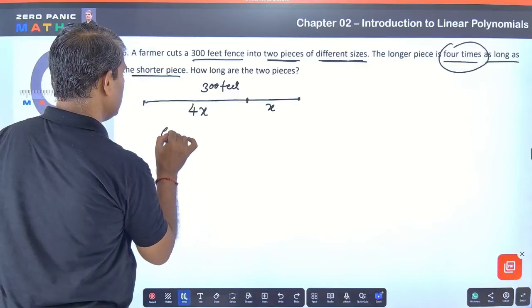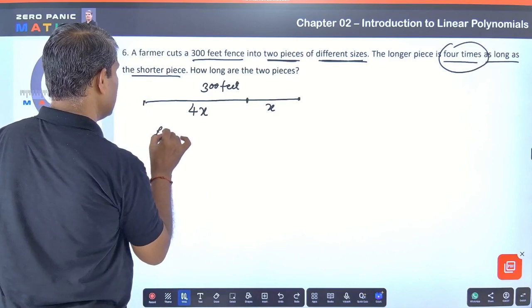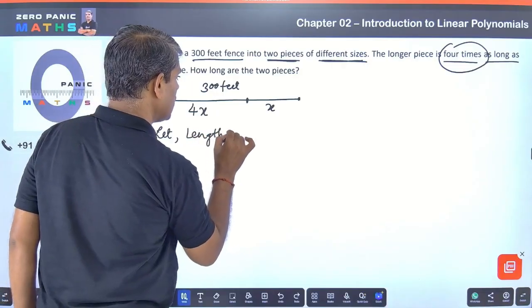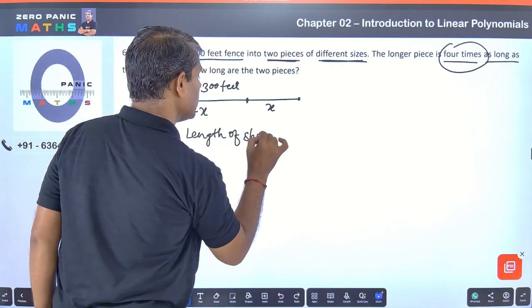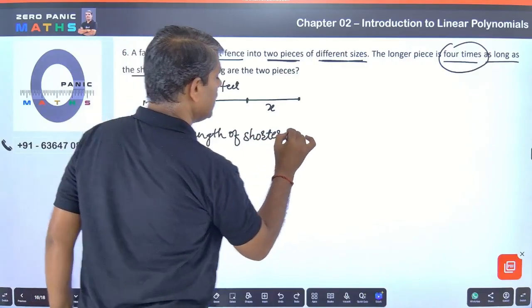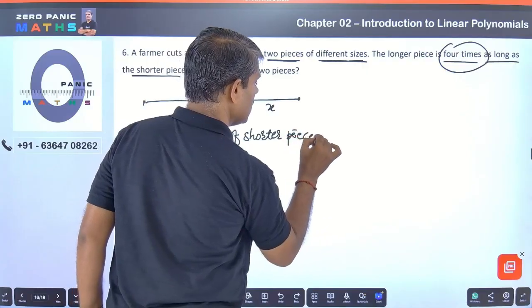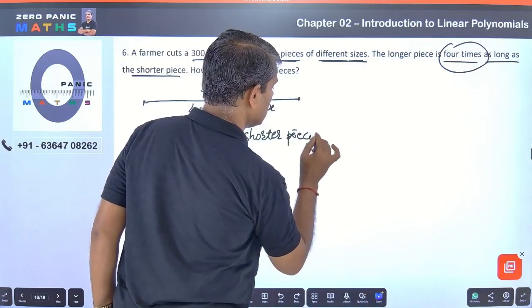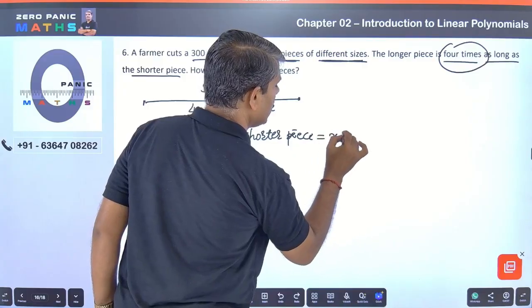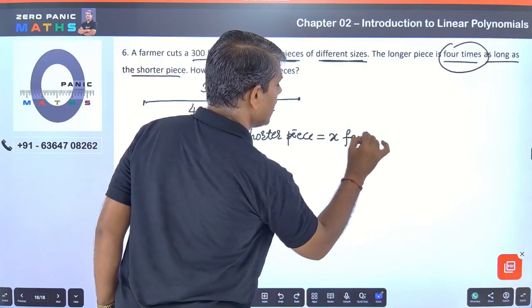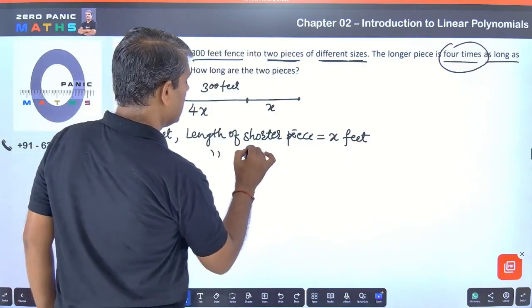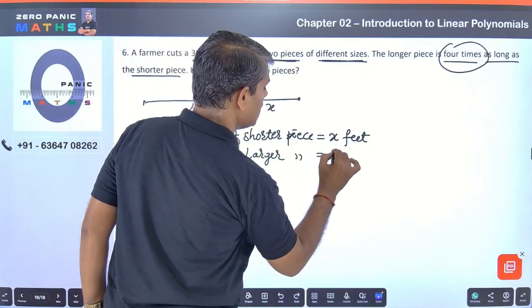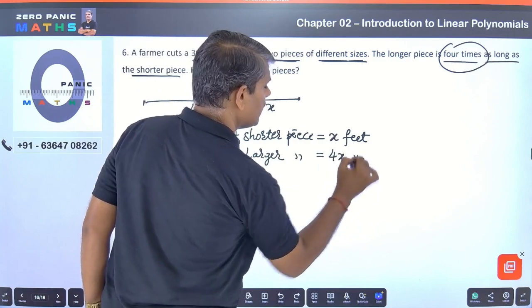Or else you should start with: let the length of the smaller piece, the shorter piece, whatever you write it as, is equal to x feet, and the length of the larger piece is 4x feet.